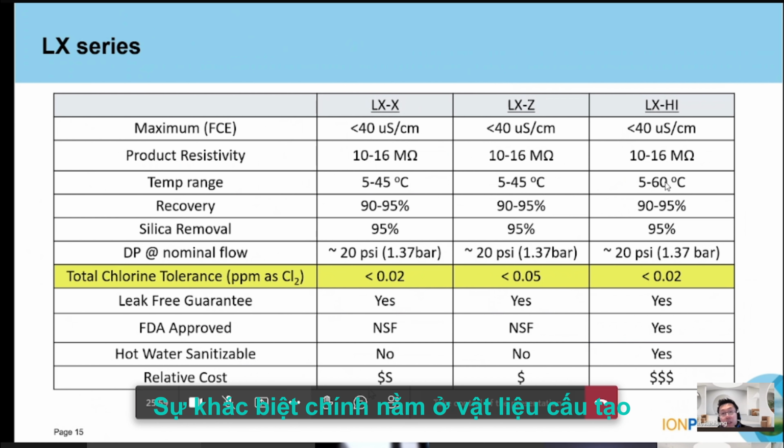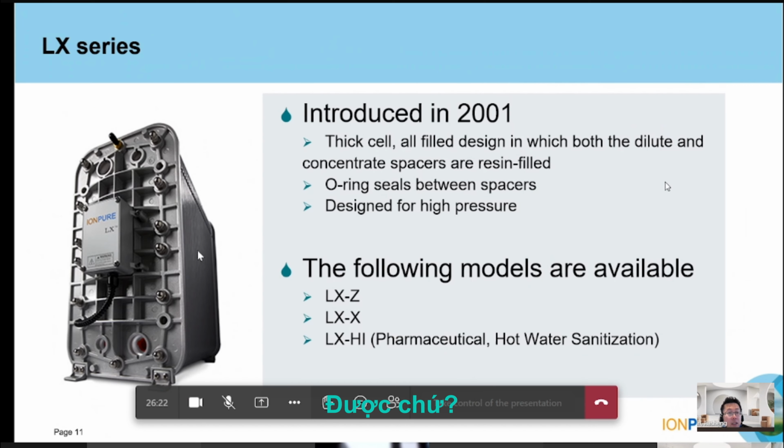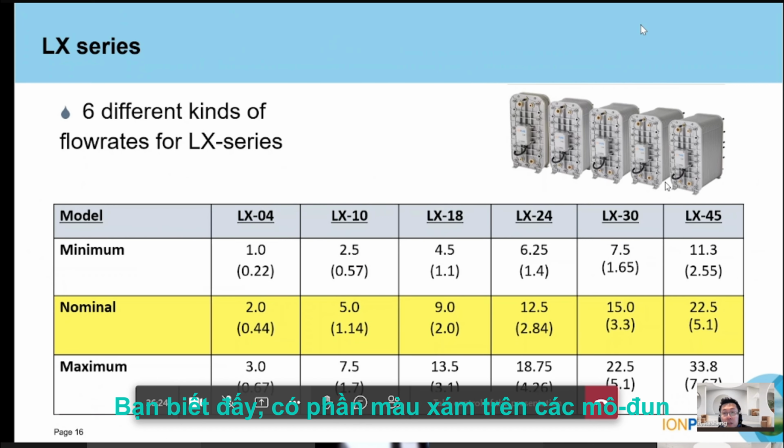The key difference between the X and the Z is not the materials of construction. For hot water modules, they use polysulfone. When I say polysulfone spacer material, I'm referring to the gray spacers that hold all of the resins.